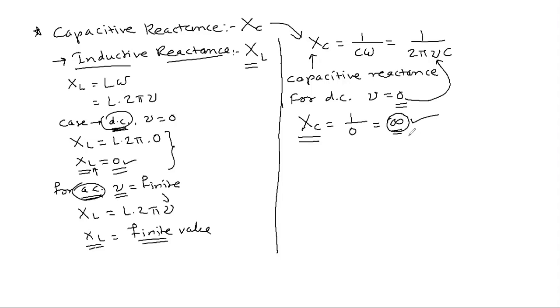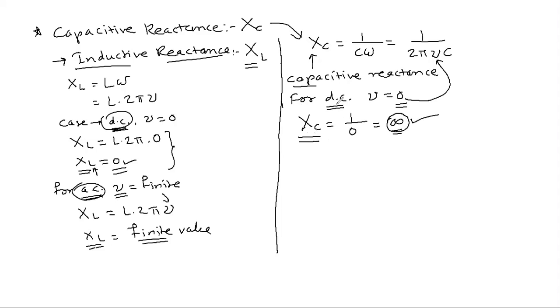Infinite means there is no question at all of DC flowing through the purely capacitive circuit, because the resistance is infinite. If the capacitive reactance is infinity, that means the opposition to the flow of current in the capacitive circuit is infinite.